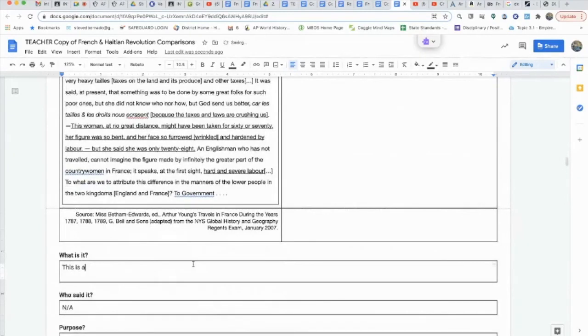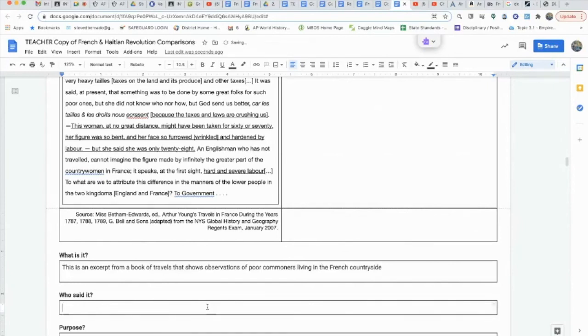This is an excerpt from a book of travels that shows observations of the French countryside. Observations of poor commoners living in the French countryside.